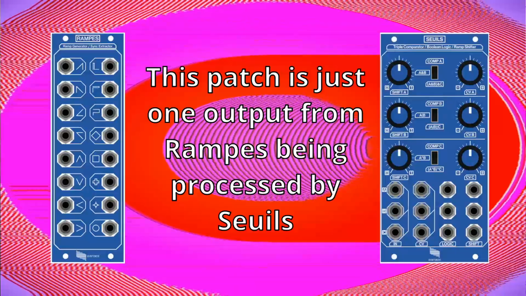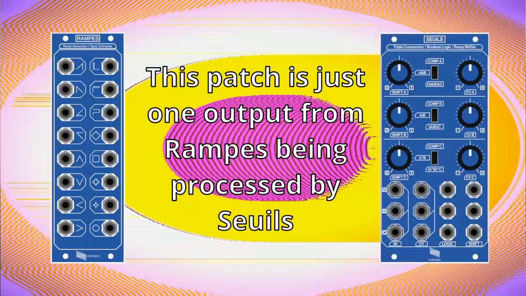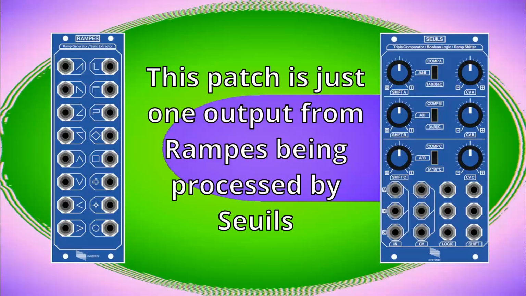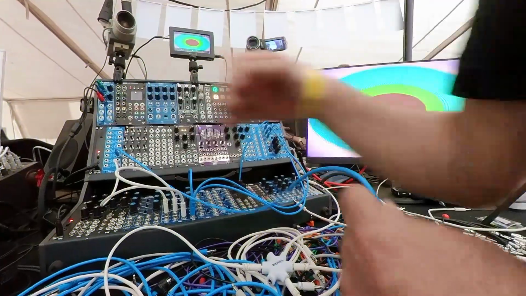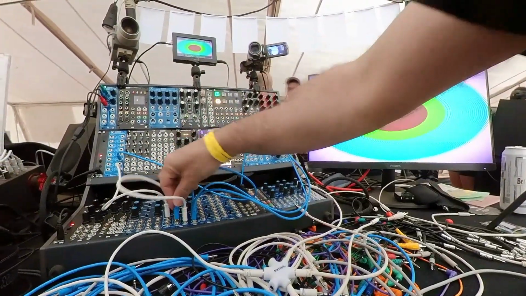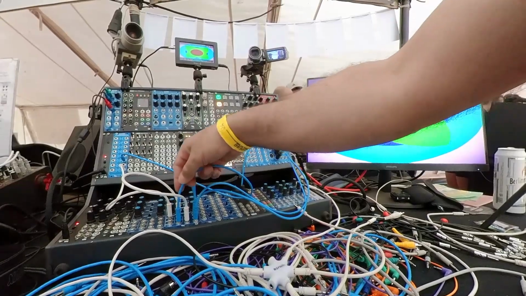So right now we only have a single input, the ellipse shape that's going to Seuils, and with a bit of feedback we can have some interesting things happening. Oh, that's a nice flower. Yeah, well, kill the feedback.